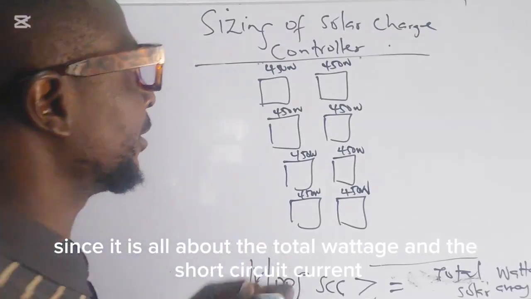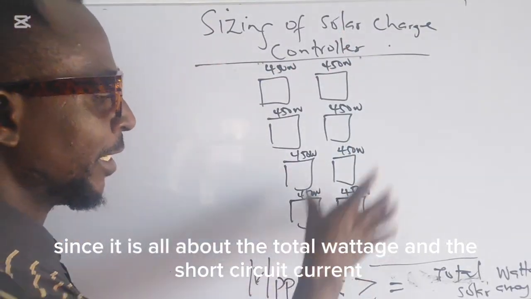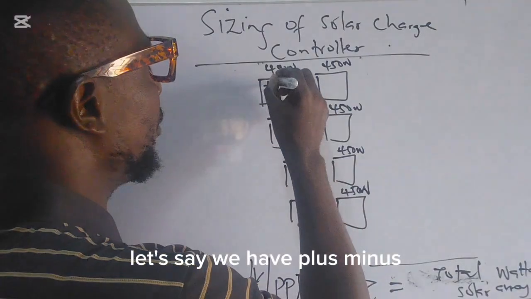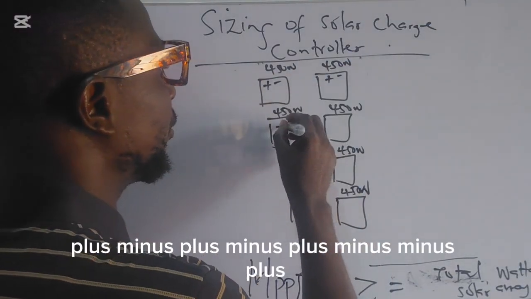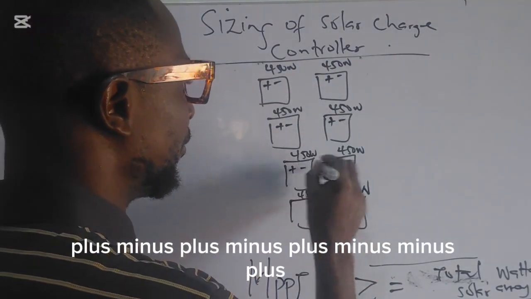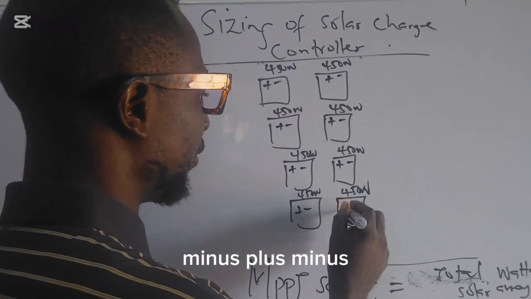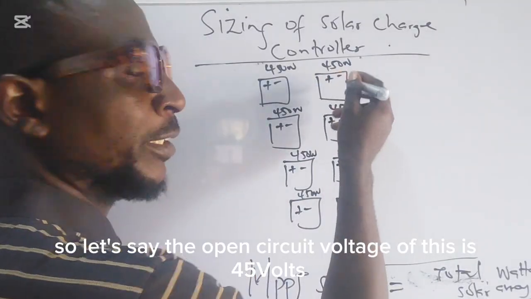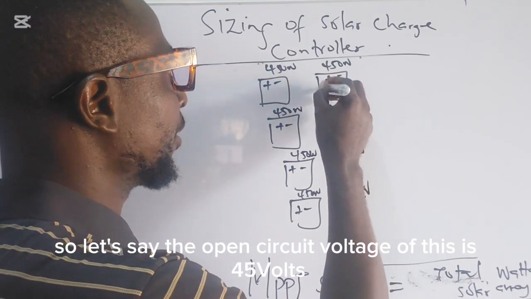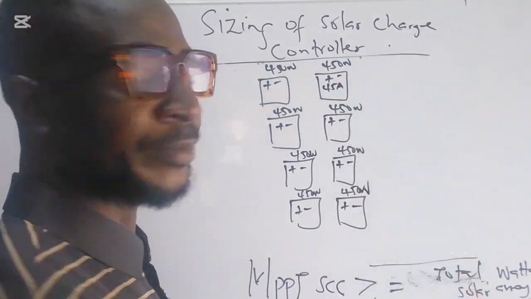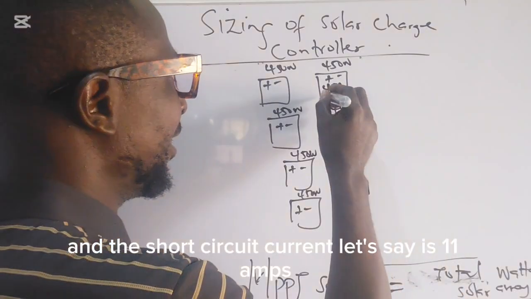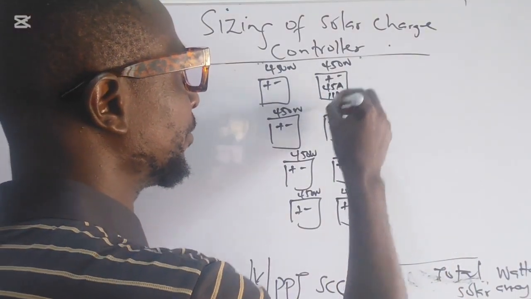Since it is all about the total wattage and the short circuit current, let's say the open circuit voltage of each panel is 45 volts and the short circuit current is 11 amps.